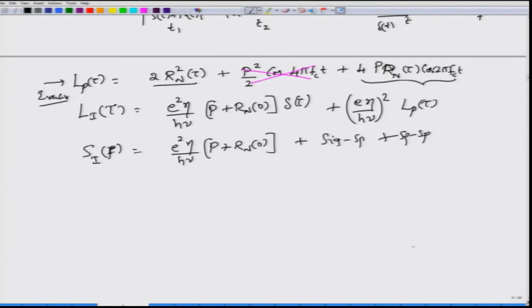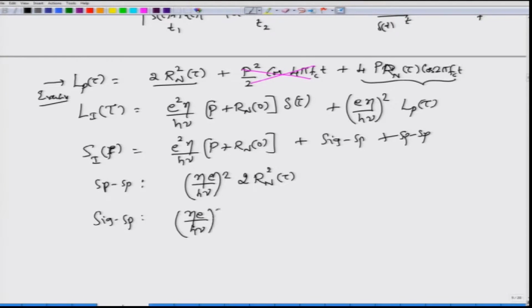And the spontaneous emission noise process is given by eta E by h nu whole square, which is coming from this one, times 2 Rn square of tau. Okay. And the signal and the spontaneous emission term is given by eta E by h nu whole square, and there is this 4 p Rn of tau cos 2 pi Fc tau.